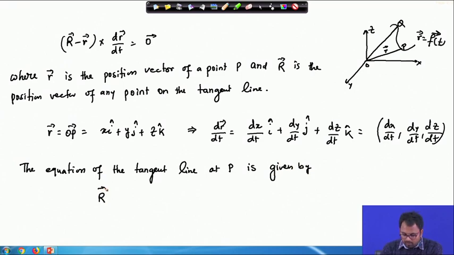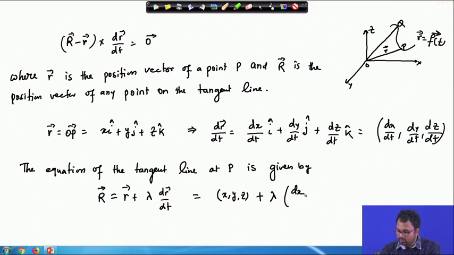so if you remember, in the last class we derived something like capital R equals small r plus lambda times dr dt. So small r is basically our x, y, z, plus lambda times dr dt, which is dx dt, dy dt, and dz dt.